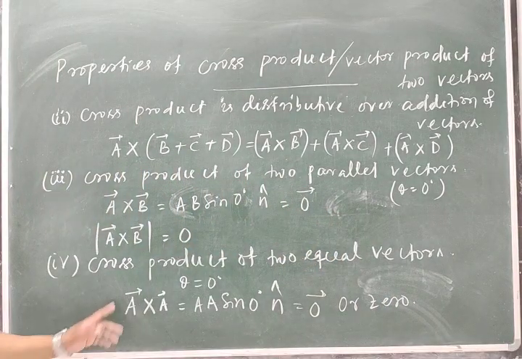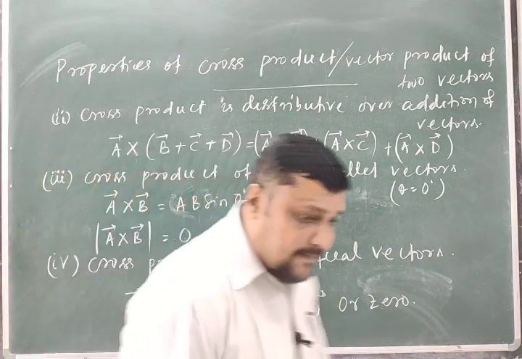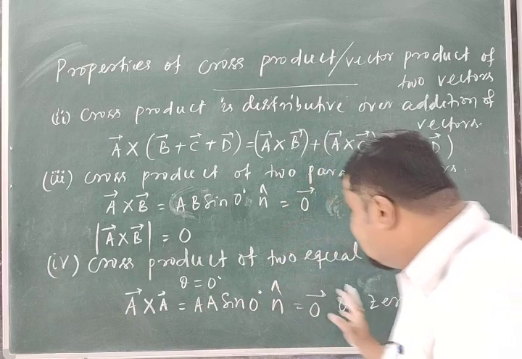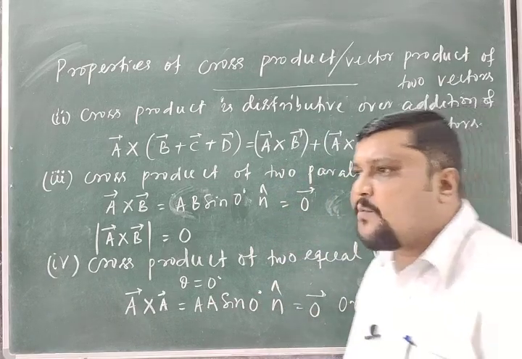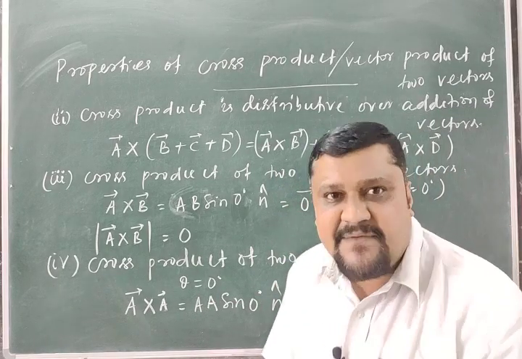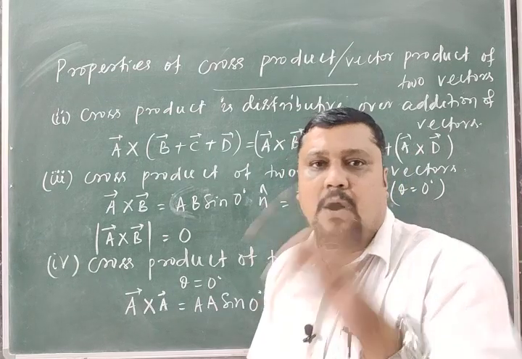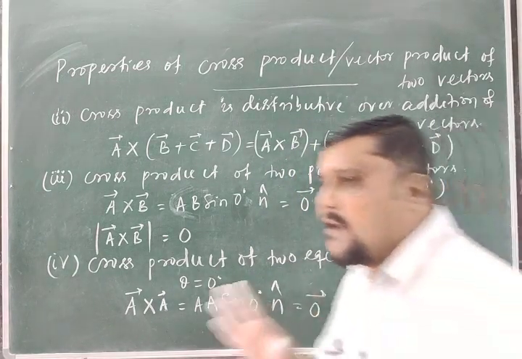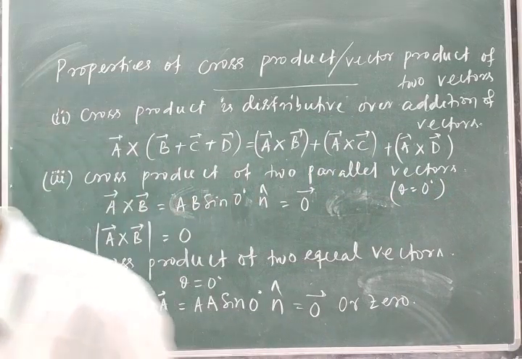So this gives you a conclusion: the cross product of two vectors is 0 if they are parallel or equal vectors.